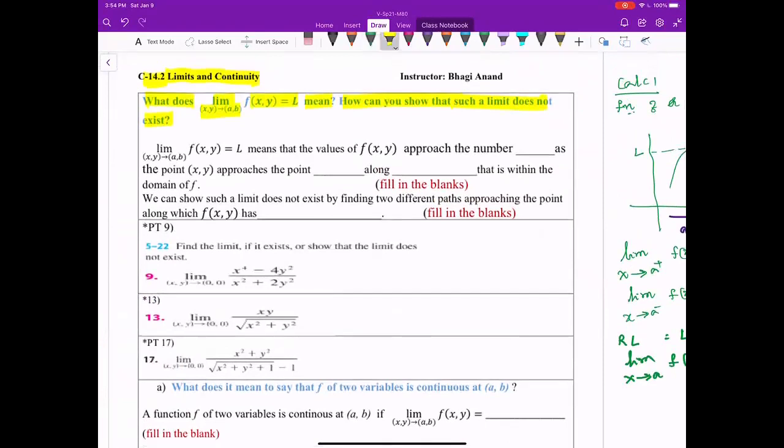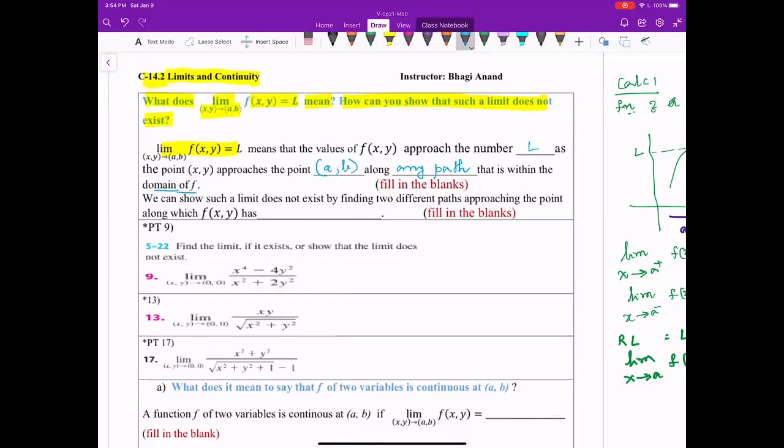The limit as (x, y) approaches (a, b) of f(x, y) equal to L means that the values of f(x, y) approach the number L as the point (x, y) approaches the point (a, b) along any path that is within the domain of f.